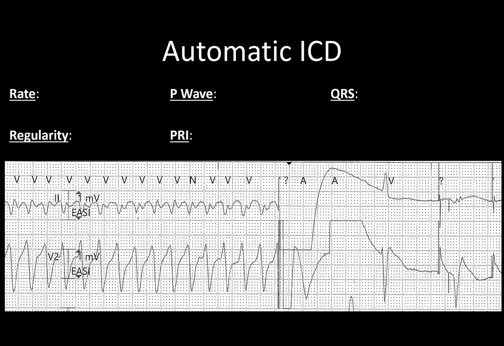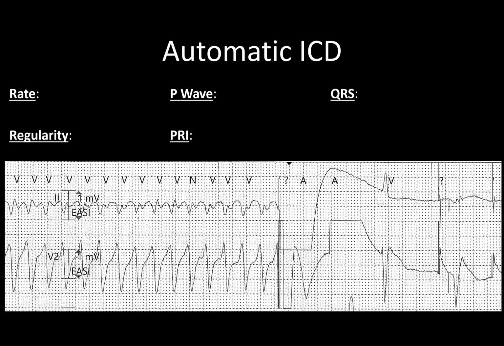And so here is what it looks like when a patient has their internal cardioverter-defibrillator activated. We'll just go through this like we always have. Ultimately, the rate is going to be difficult to tell because we have two very distinct rhythms, technically three, and let's try and pull those apart as best we can.